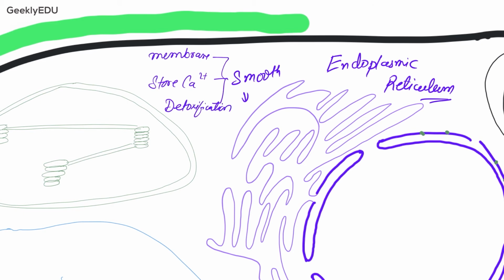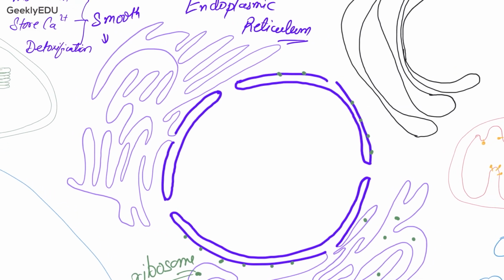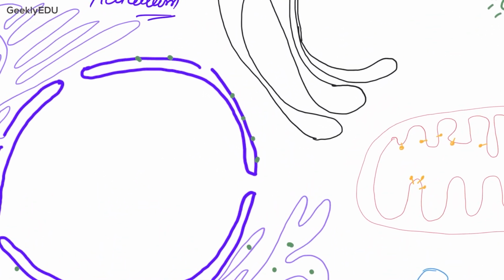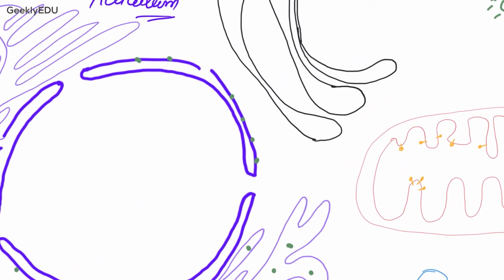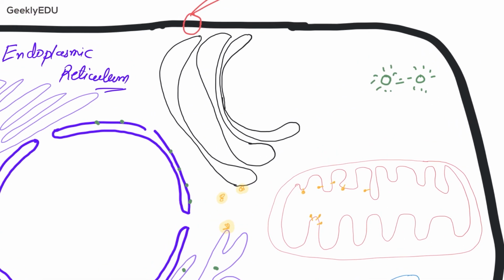Once these proteins are made by the ER, they are shipped in small packages. So these are small packages inside of which lies the protein. Now these proteins are modified.